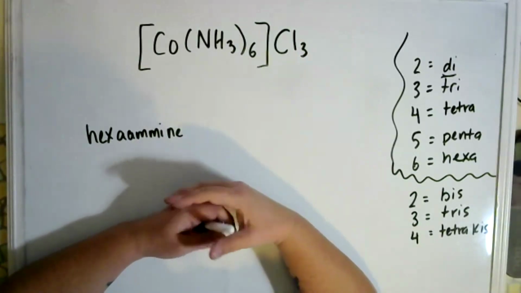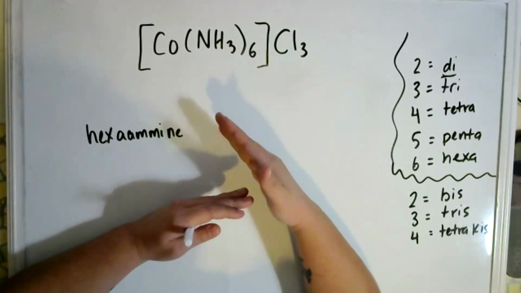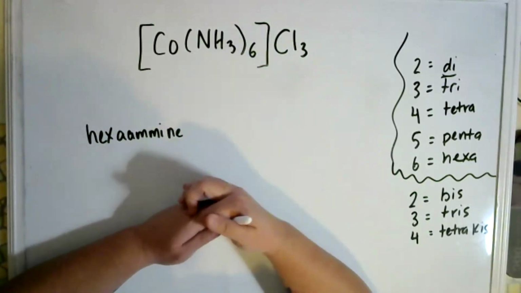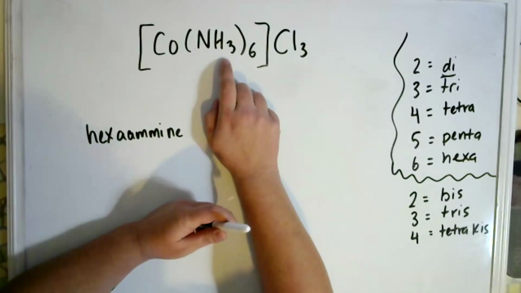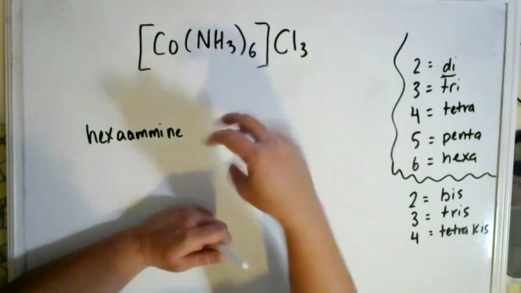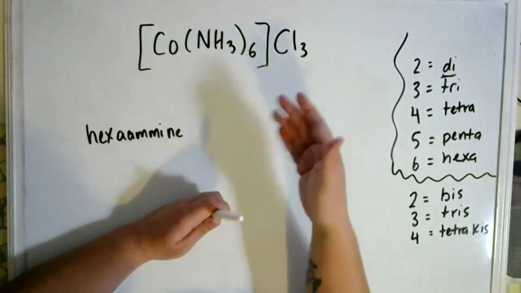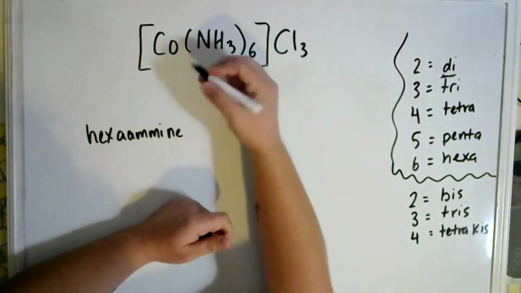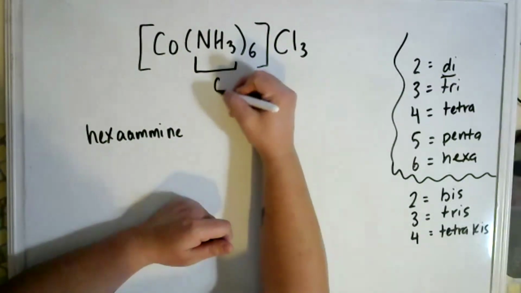So you can use that information to help you figure out what the oxidation number of your metal is going to be. So whatever the oxidation numbers of the individual nitrogen and hydrogens are, when you add them together, overall the NH3 is going to add up to 0 because ammonia is neutral and it has no charge. So the oxidation number of all of this added together is going to be 0.